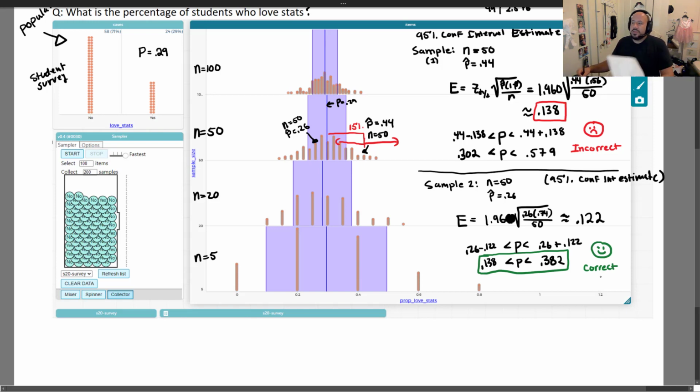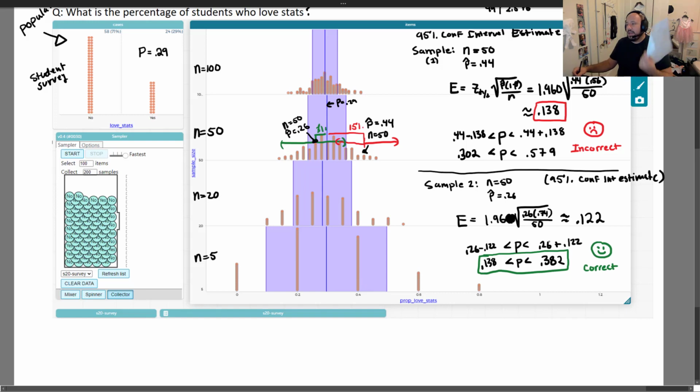But what I'm showing you is that this process of doing a confidence interval sometimes yields a correct answer. In this case, it did, namely because the actual error of about 3 percentage points was far smaller than the margin of error that we use to give ourselves our wiggle room.